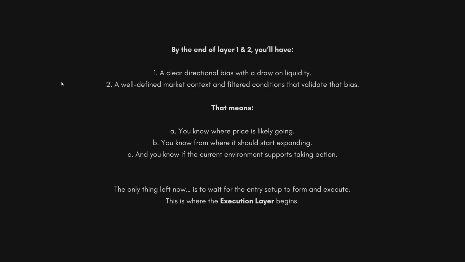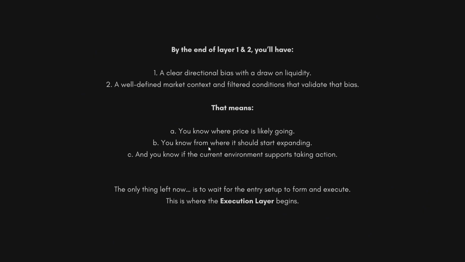By the time you've worked through both the first layer and the second layer, you should be super clear on two things. First of all, you will have a clear, solid and strong directional bias with a clear drawn liquidity. And number two, you've got a filtered, well-defined and high probability market context and filtered conditions that validate that initial directional bias, which basically means that you know where price is likely going or headed.